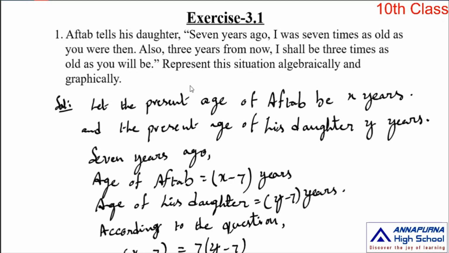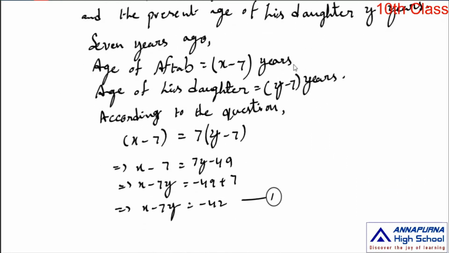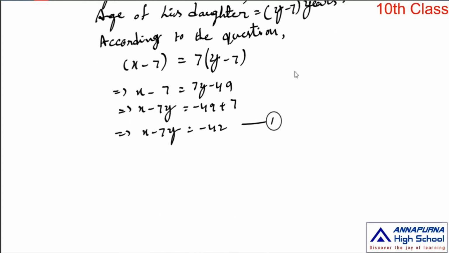The second relation gives 3 years from now, that means after 3 years, he gives one relation between the ages. So first we find what Aftab's and his daughter's ages are after 3 years.